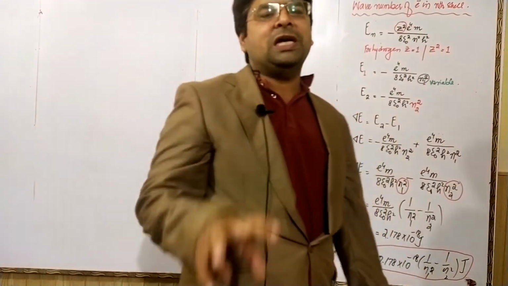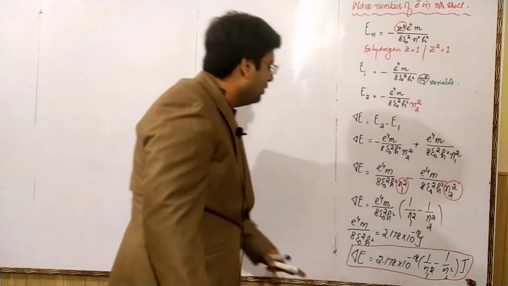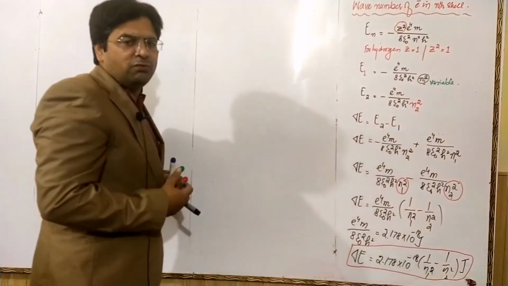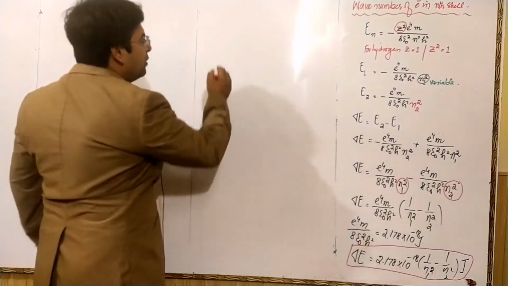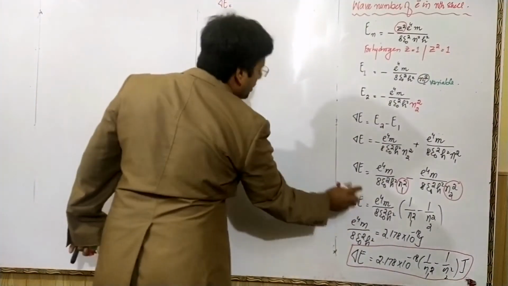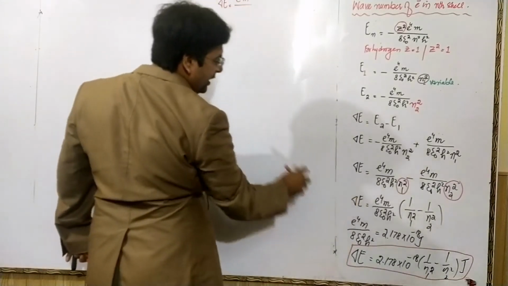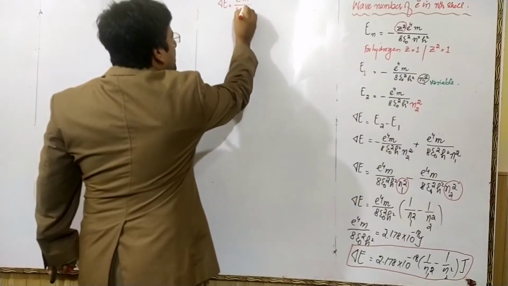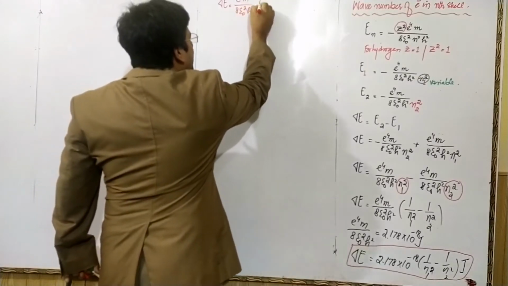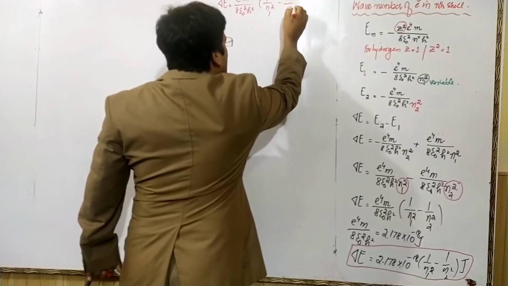Between any two shells, we can calculate the energy difference by using this formula. Delta E is equal to e^4 m divided by 8 epsilon naught square h square into 1 over n1 square minus 1 over n2 square.